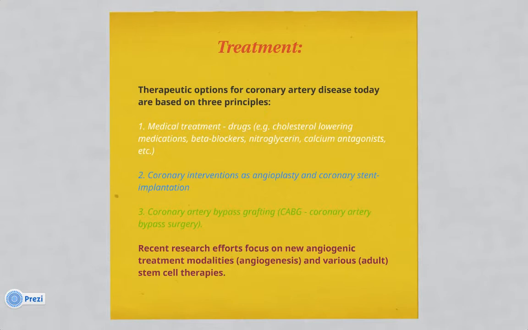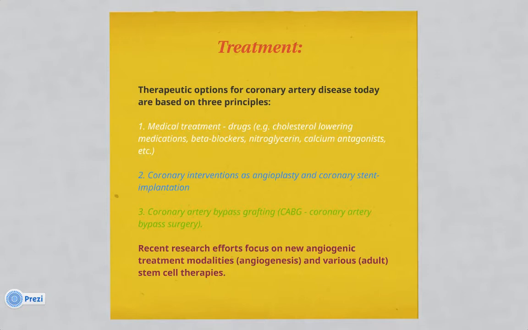Treatment. The therapeutic options for coronary artery disease today are based on three principles. The first one is a medical treatment. It consists in a drug treatment with a cholesterol lowering medication, beta blockers, nitroglycerin, calcium antagonists, etc. The second one is a coronary interventions as angioplasty or coronary stent implantation.